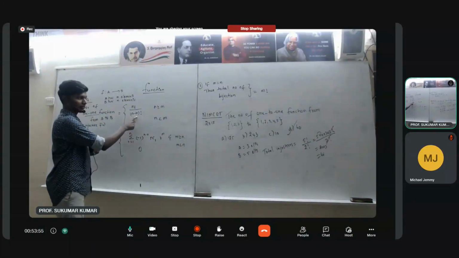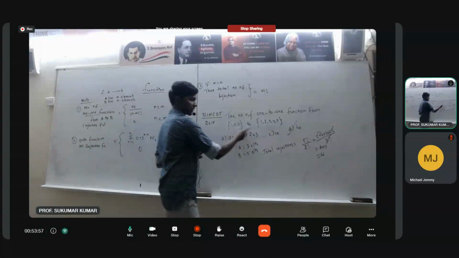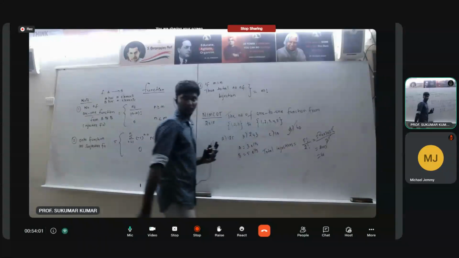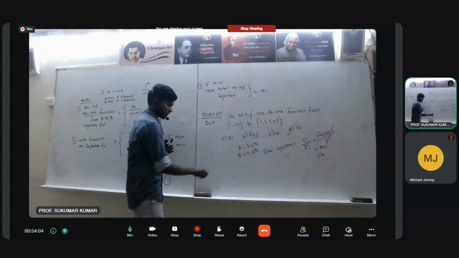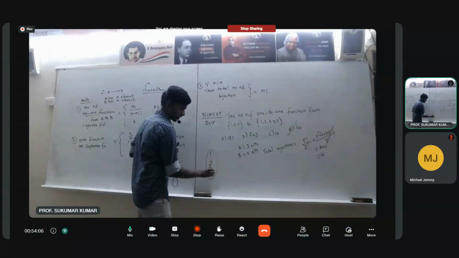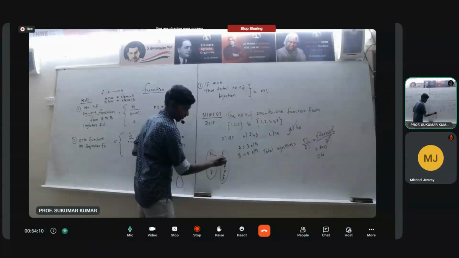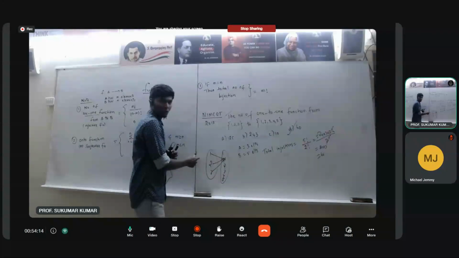n minus m. This is your m, and this is your n. 5 minus 3, 2 only, no? And this will also come actually. 1, 2, 3 and 1, 2, 3, 4, 5. This 1 also mapped to 1, this 2 also mapped to 1, but this is not one-one. Got it?